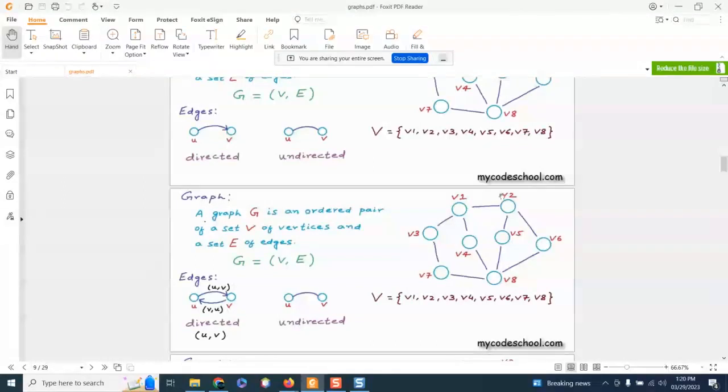So you have destination A to destination B, and then you can come back from destination B to destination A again. So it's an undirected graph, or you can have a directed graph, but then you have to mention both the ordered pairs. And what does that mean? Ordered pair U to V and V to U is the second ordered pair.